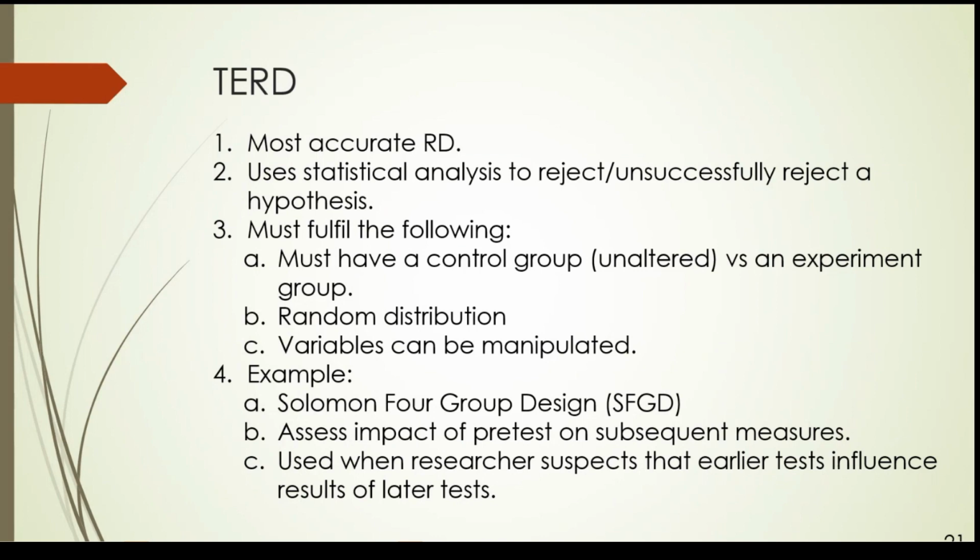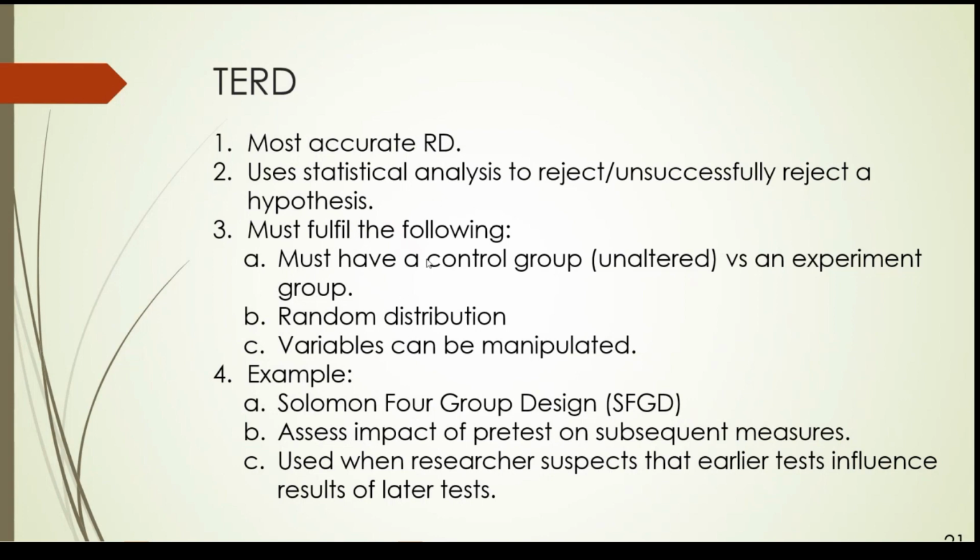So I'll begin with true experimental research design. If you are doing studies in quantum computing, for example, you are probably doing TERD. True experimental research design. You use hardcore statistics to reject a null hypothesis.